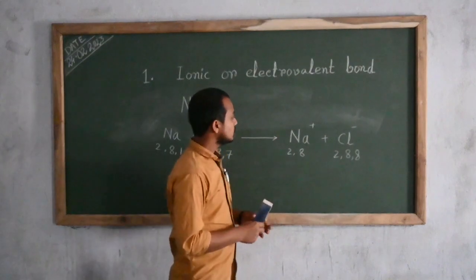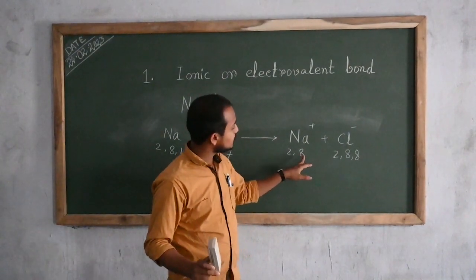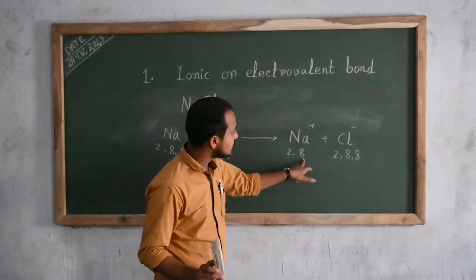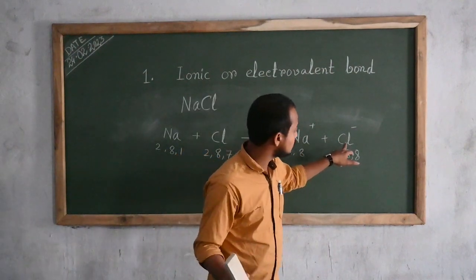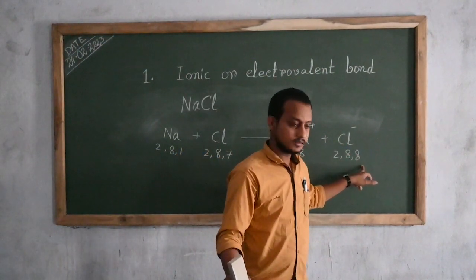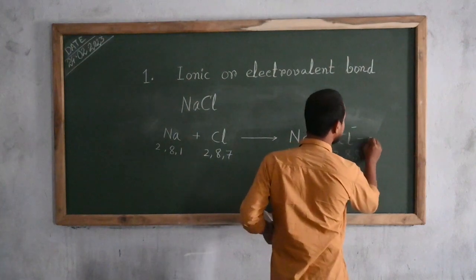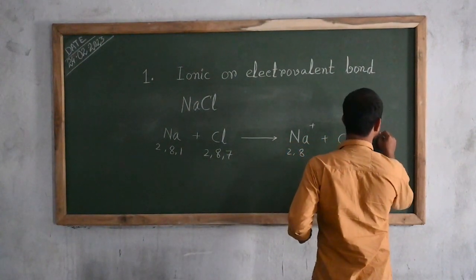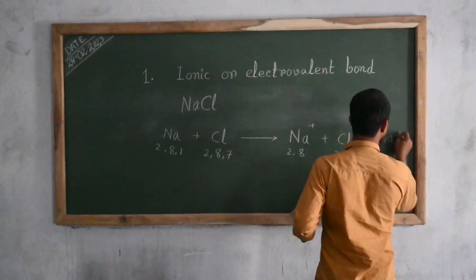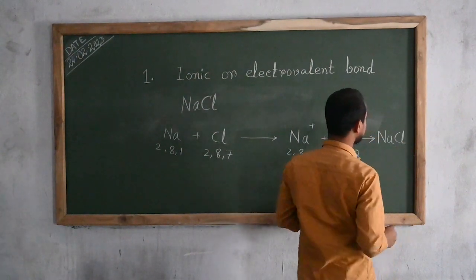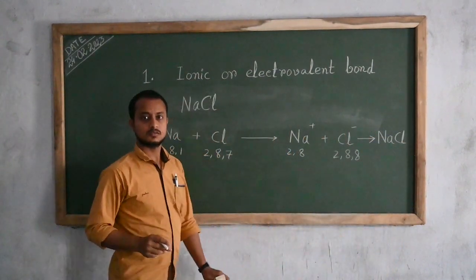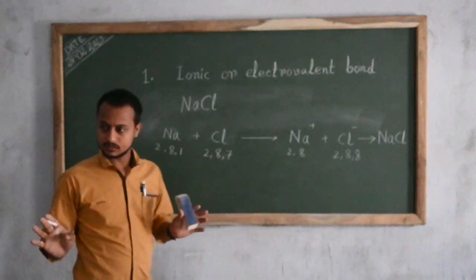Here you can see the number of electrons in the outermost shell of Na is 8, and Cl also has 8. Then stable salt NaCl is formed. Okay, done, clear?